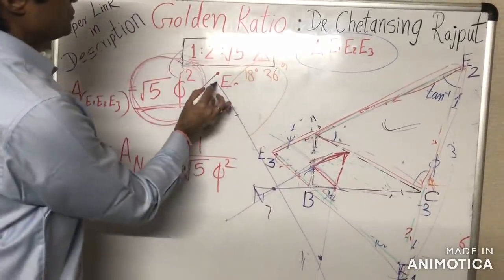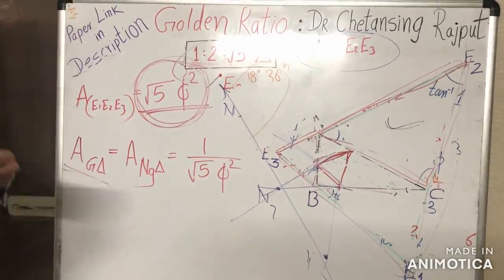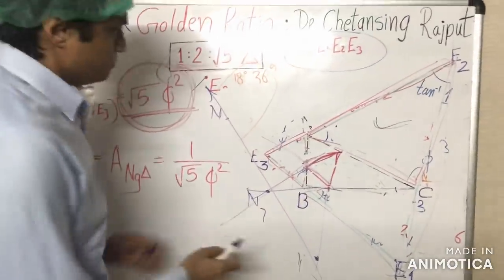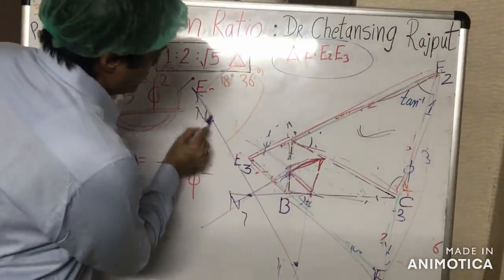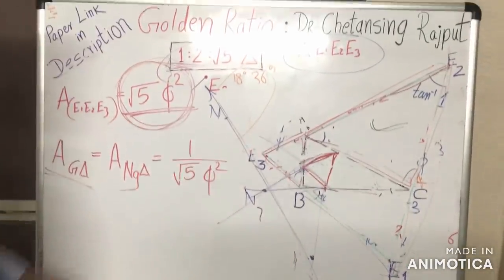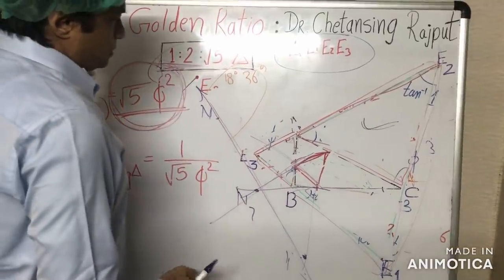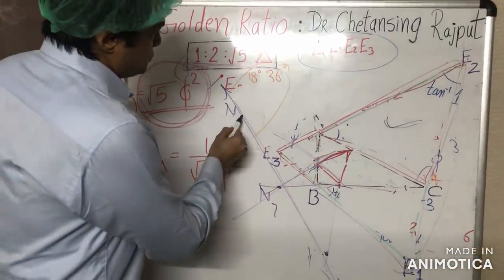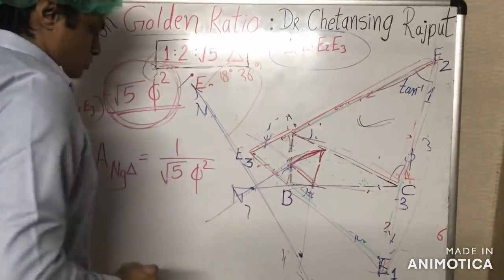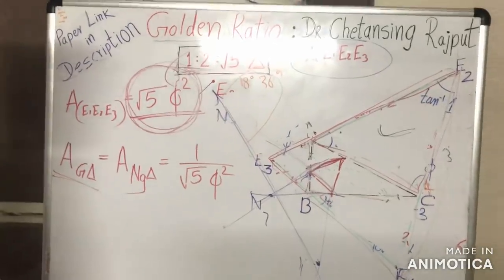The line is known as the Gergonne line. I am not going to elaborate here, the details are given in the paper, but I would like to mention that these three Nobbs points and the Gergonne line of this 1 to root 5 triangle are also full of the golden ratio. Every angle, every side length, every distance concerning the Gergonne line and the three Nobbs points is an expression of the golden ratio. Such a beautiful geometry of this 1 to root 5 triangle.